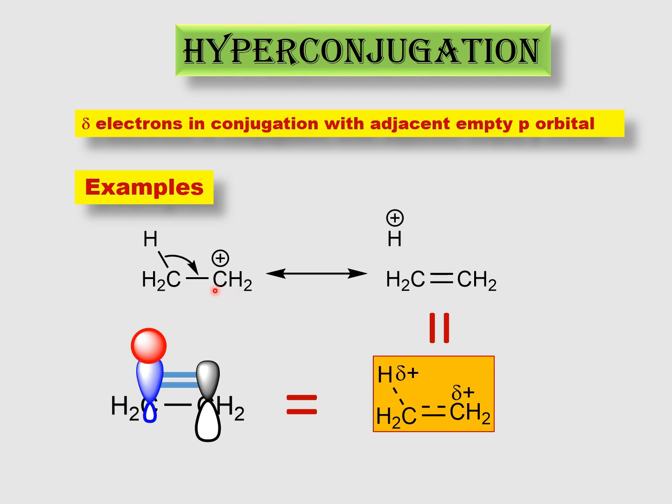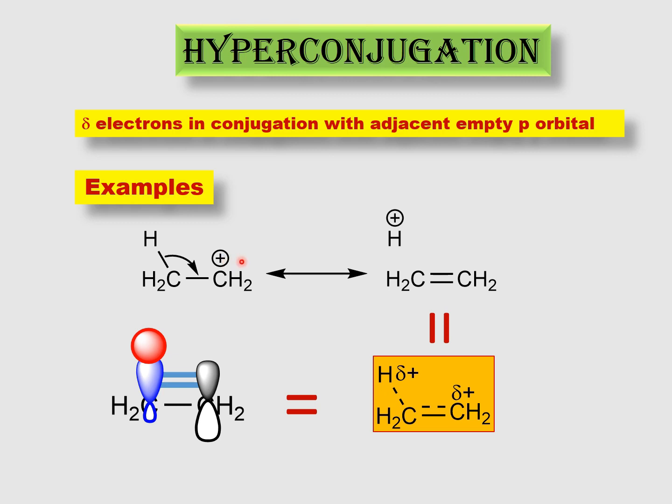You already know that the accumulation of charge, whether that is positive charge or a negative charge, brings instability to the system. So this carbon atom has a positive charge, meaning this is a carbocation that is unstable. So anything that would help this carbon get rid of this positive charge would bring stability to the system.